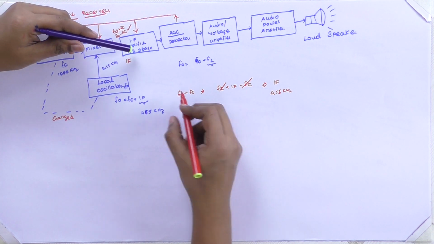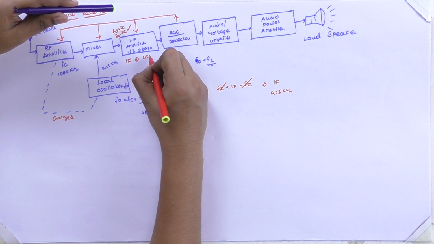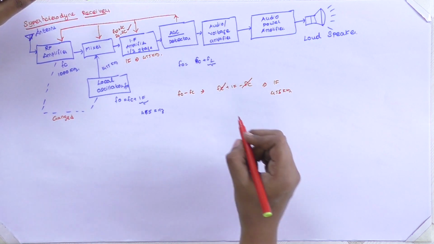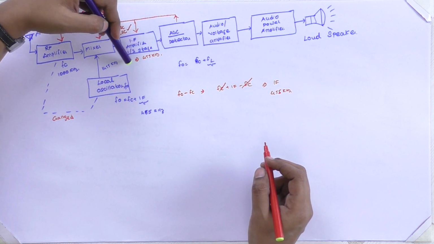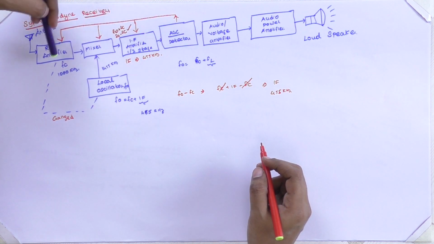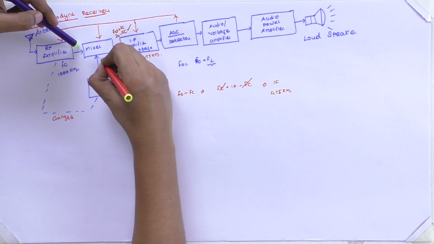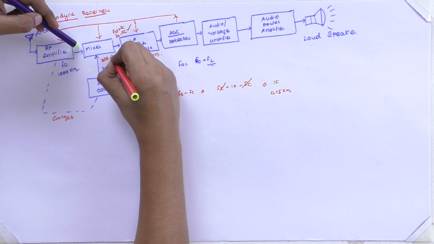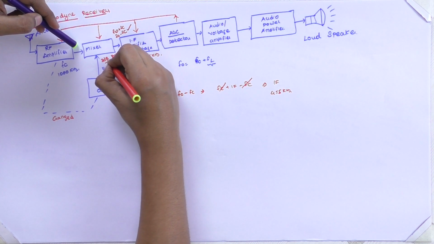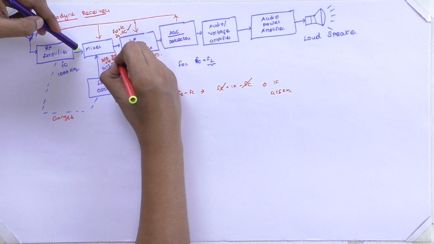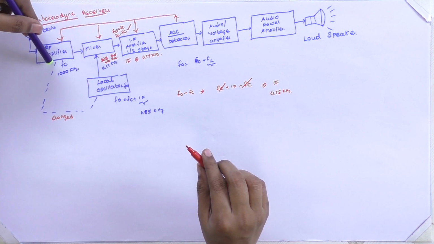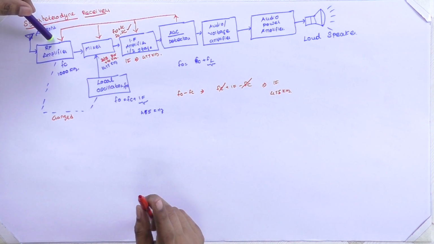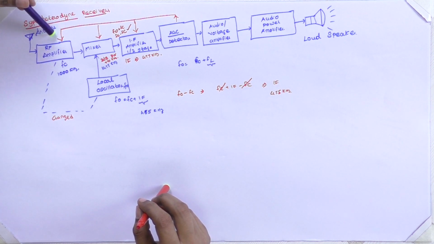F0 minus FC, therefore this frequency is always 455 kilohertz. It is designed to have a 3 dB bandwidth of 10 kilohertz to accommodate all frequencies in the AM signal, that is plus or minus 10 kilohertz to accommodate all the side frequencies of the AM signal, because in an amplitude modulated signal we have side frequencies and a carrier signal.